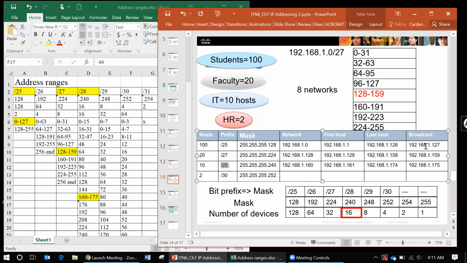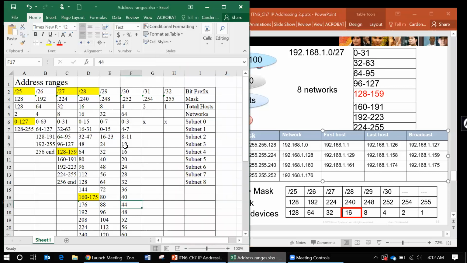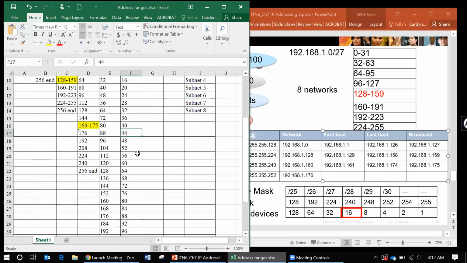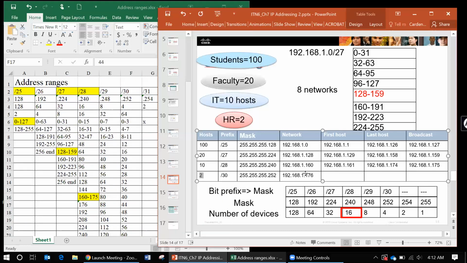Good, we're almost done here. So we know that this next network with 2 hosts, bit prefix of 30, and a mask that ends at 252, that one will start with the next number. So it's 192.168.1.176. Now, when it's 2 hosts, it can actually go really far down, but it's not difficult because we only have 4 addresses in this range anyway.